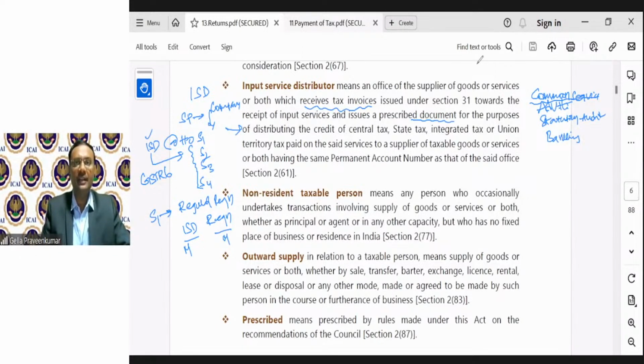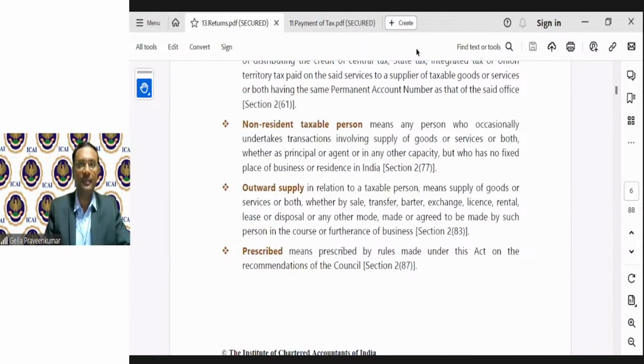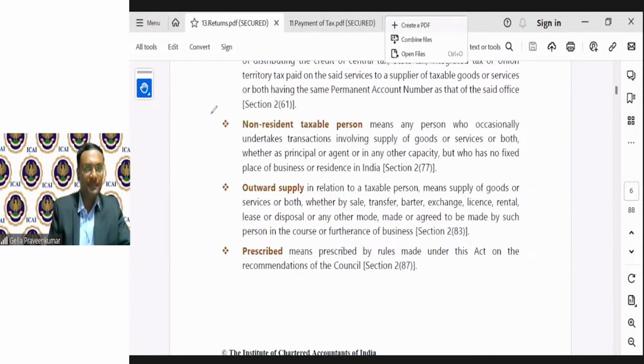This is the connected provision with ISD. NRTP, non-resident taxable person. NRTP means any person who occasionally undertakes transactions involving supply of goods or services or both, whether as a principal or agent or in any other capacity, but who has no fixed place of business or residence in India. I'll give an example.